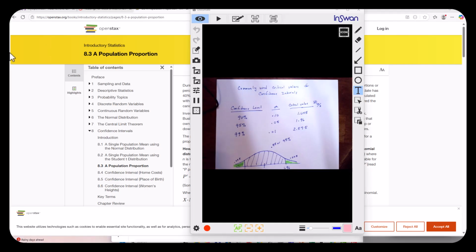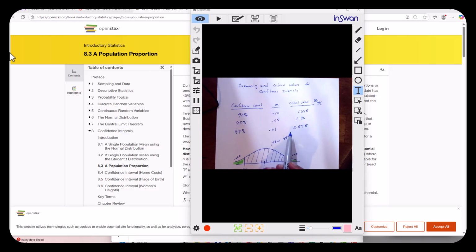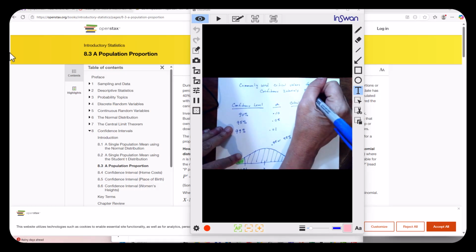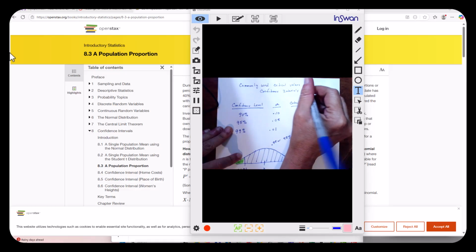Okay, one thing that I forgot to add here is that these critical values are for population proportions, and also for population means.